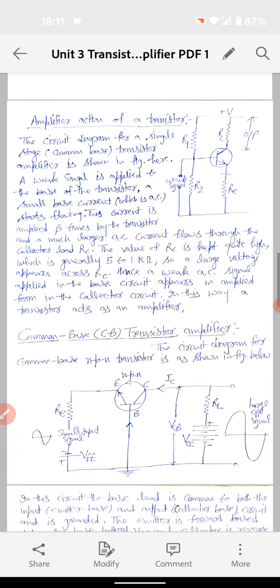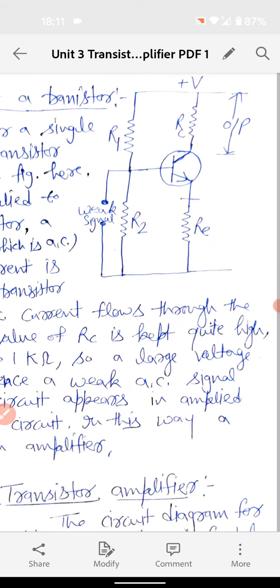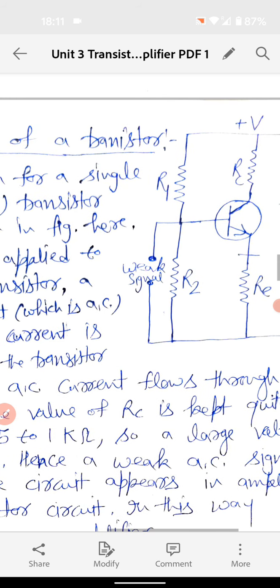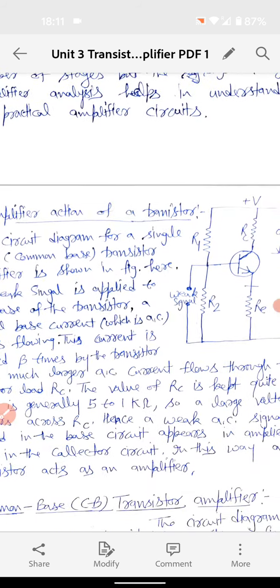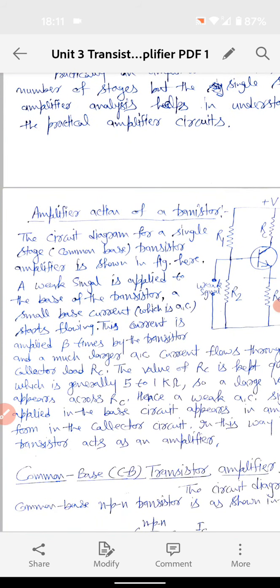To understand that, we'll take note of what is known as the amplifier action of a transistor. In this circuit, just look at this, we have used a common emitter configuration.